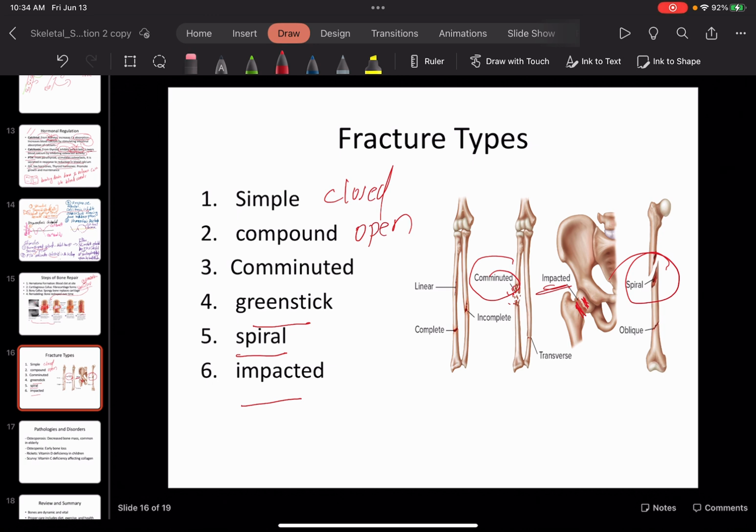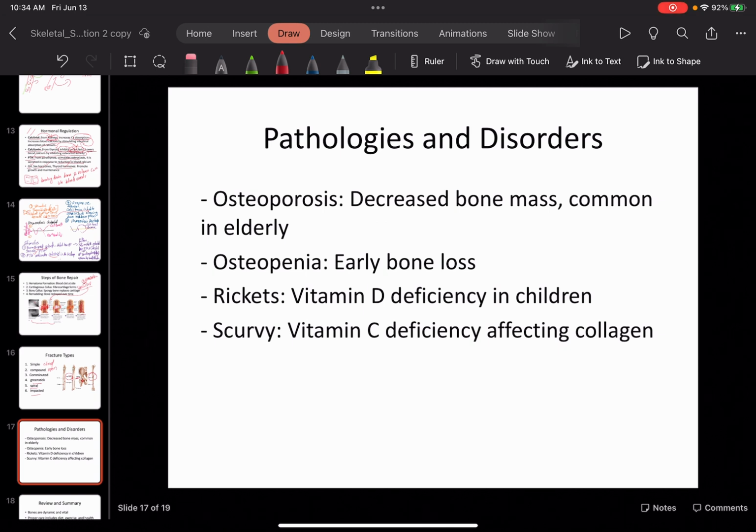Just for your information. Then pathologies and disorders. One thing you may have heard of commonly is osteoporosis. You see that in the elderly: decreased bone mass because the calcium is not deposited and the matrix around the bone is not maintained, so it is easy to break.